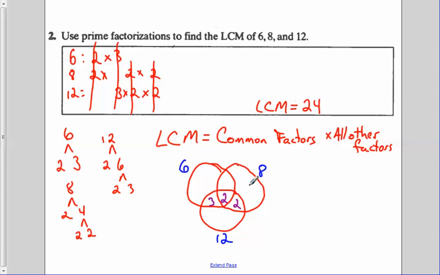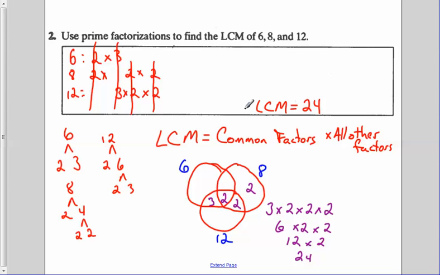Well, 8 still has another 2 that it doesn't share with anything else. So if we look at these factors, 3 times 2 times 2 times 2, again, we get our prime factors that we just found to get 24. 3 times 2 is 6, times 2 is 12, times 2, and we get 24.